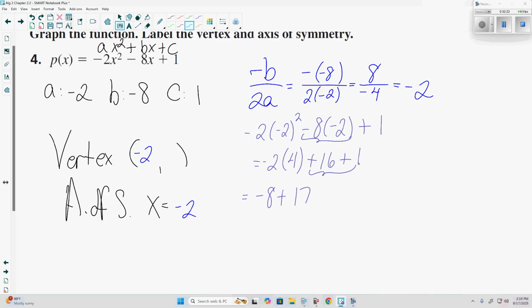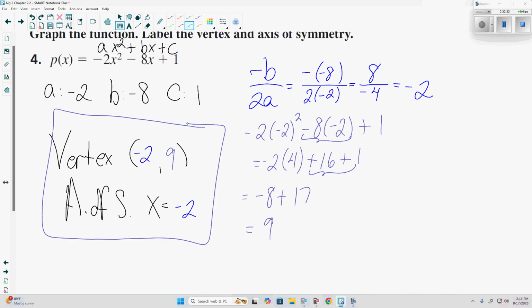We can go on and do 16 plus 1 is 17. And -8 plus 17 is 9. So the vertex is the point -2, 9, and our axis of symmetry is x is equal to -2.